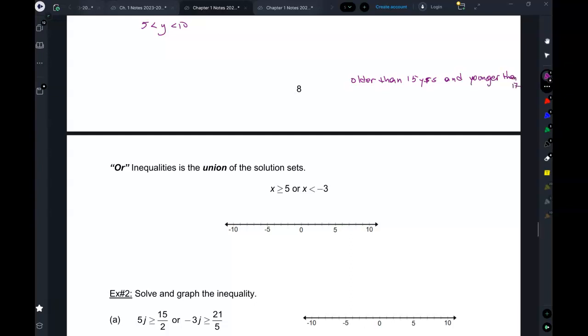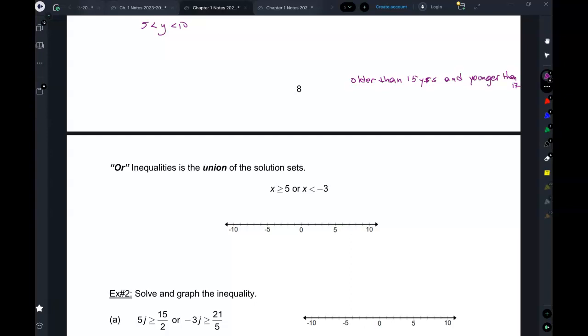Okay? So older than 15, younger than 17. So that means if you already turned 15, even if you turned 15 yesterday, you could go, right? So who in here could go to that event? Lots of people, right? Okay.